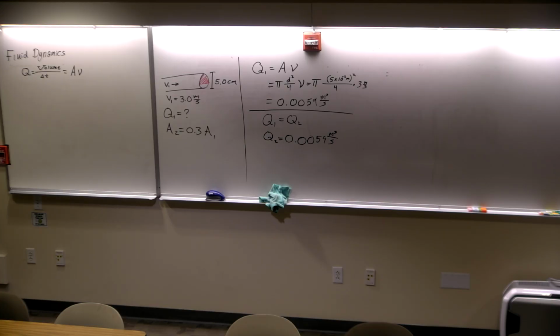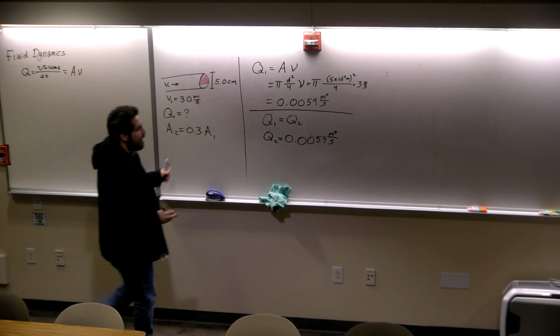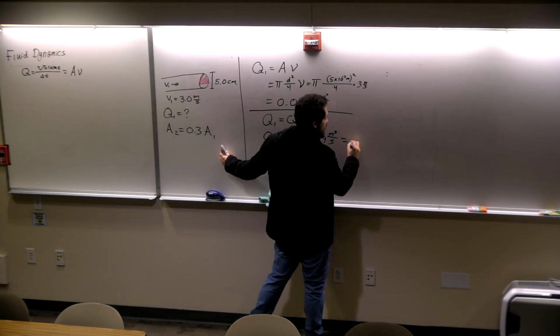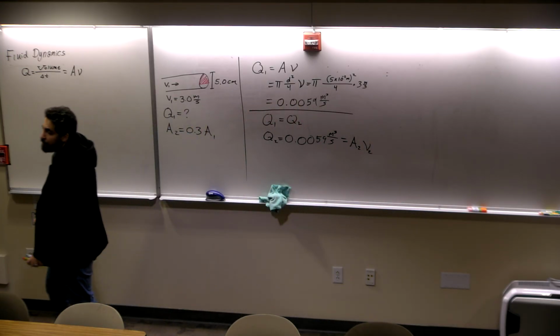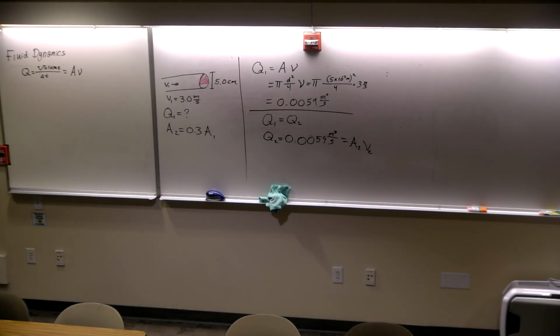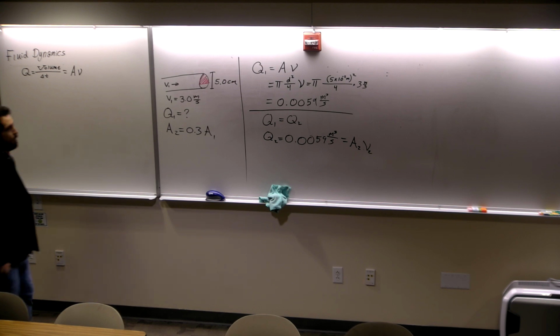But we also know that the flow rate is defined to be area times speed. So if we want to know how fast the fluid leaves the hose, we can take this and solve it for V2.